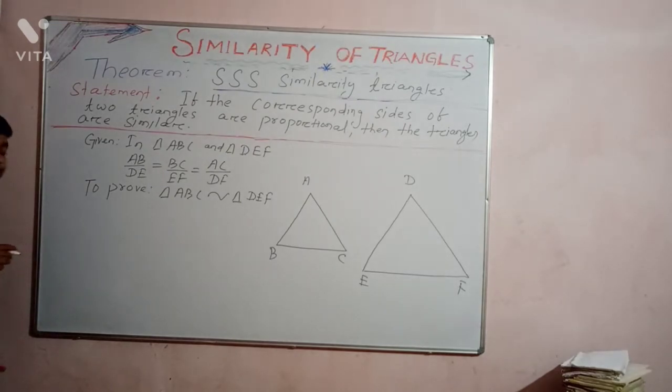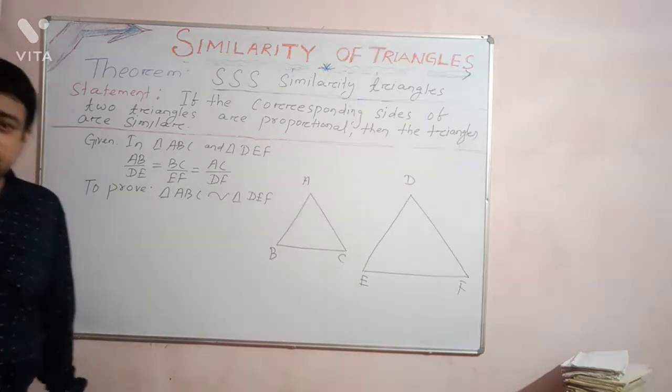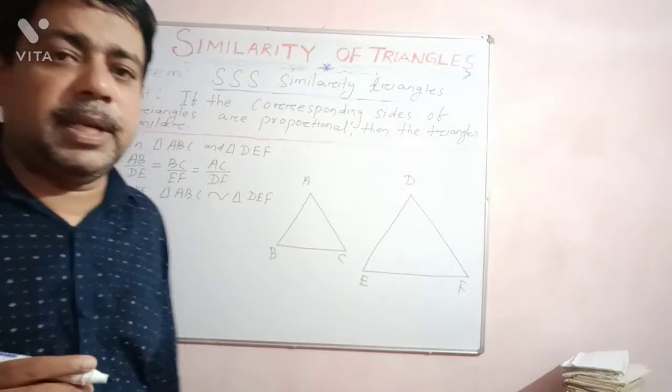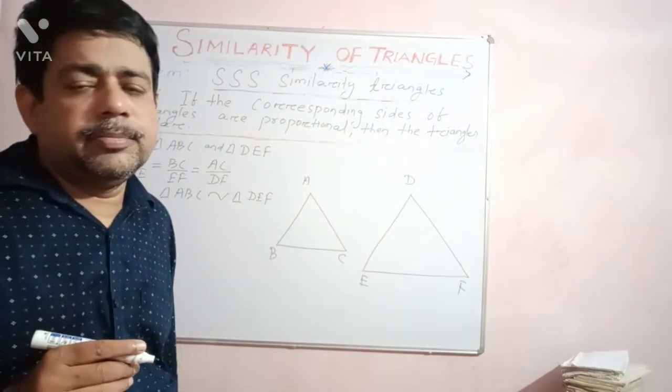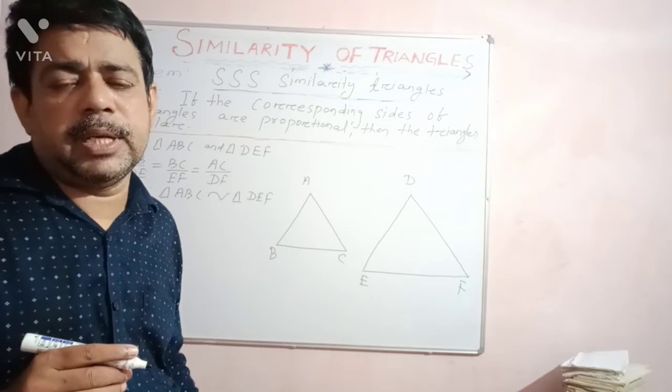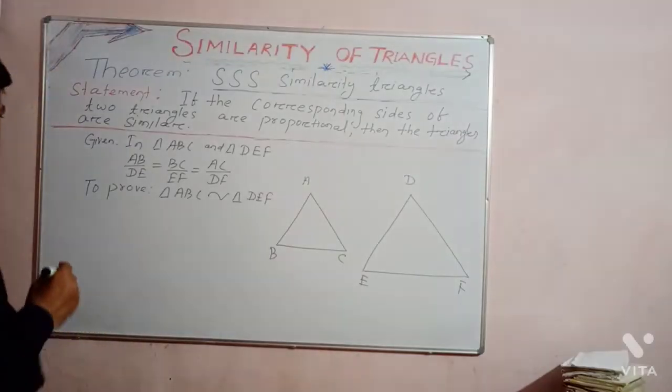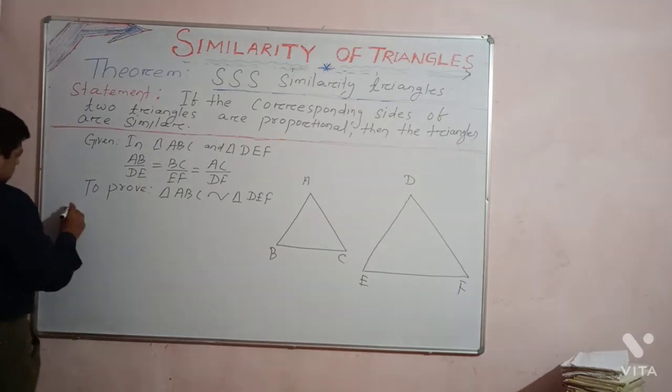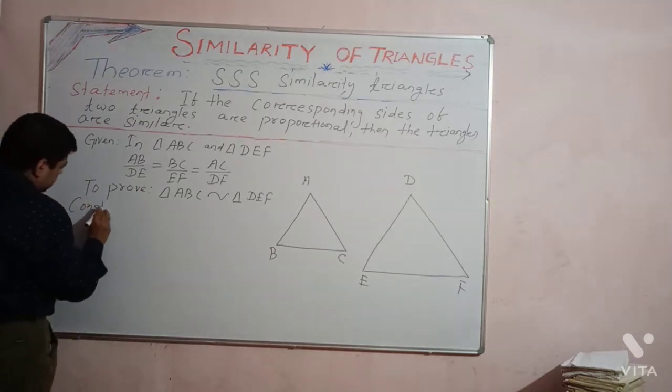Is it clear? So what is given? The ratio of their corresponding sides are equal and we have to prove the triangles are similar. For that, students, you have to do a construction. What is the construction?